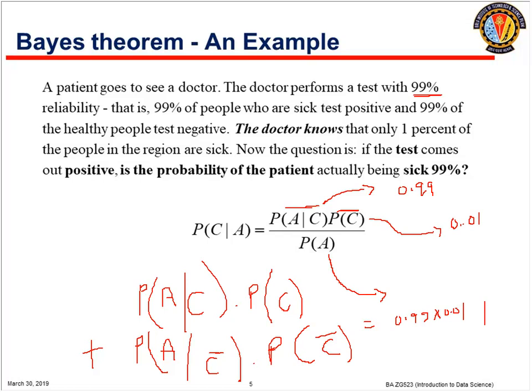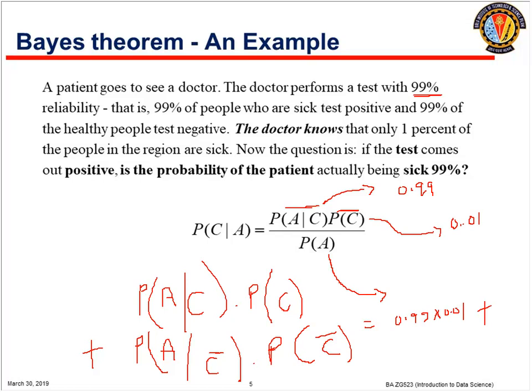plus the second term is the probability of A given C bar. What is the probability of the person testing positive given that he doesn't have the disease? It is known that if the person doesn't have the disease, the probability of him testing negative is 99%.